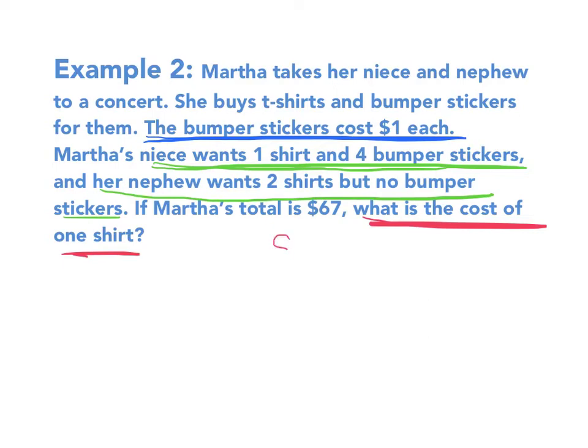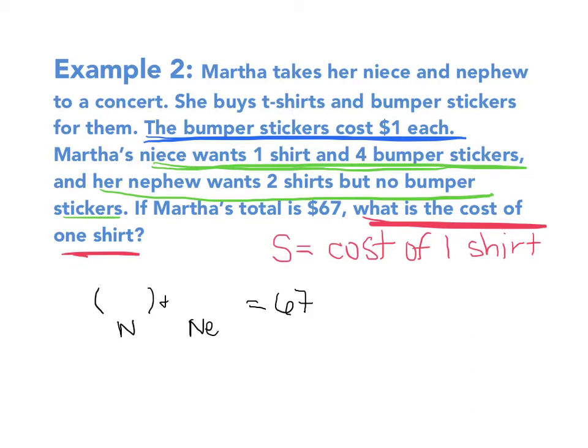So S equals the cost of 1 shirt. I'm using S for shirt. Then I also know it's all equal. Her total is $67. And I know if I add the cost of what her niece did and then her nephew, if I add those together, I'll get 67.